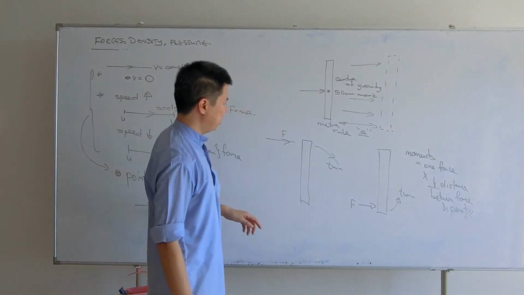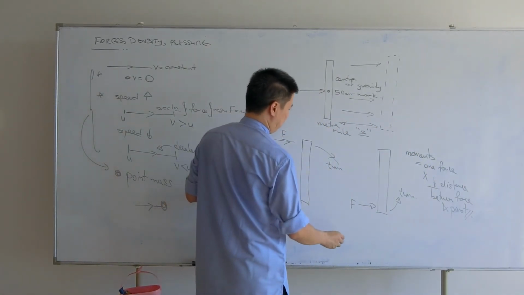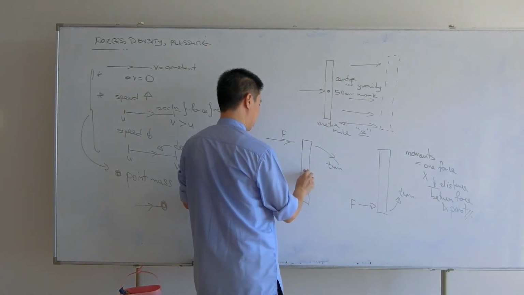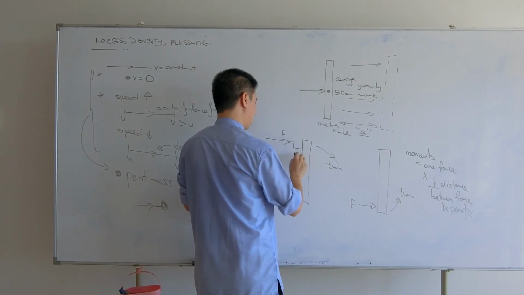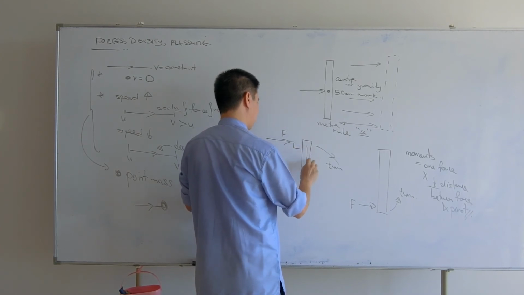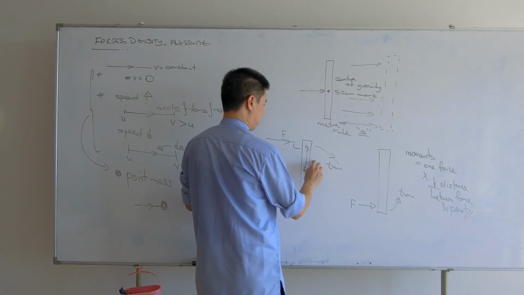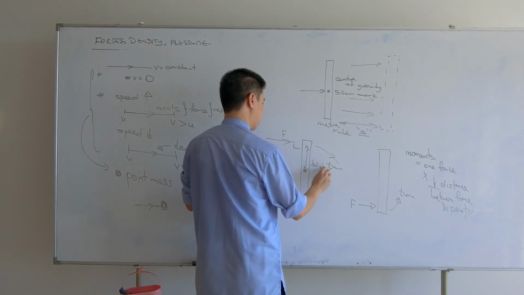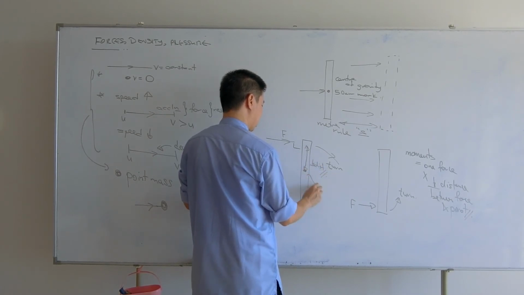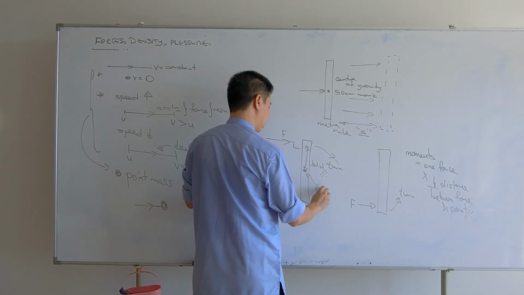So in this case, if your pivot is here, then notice here the perpendicular distance will be this here. This is taking into consideration that this is the pivot.